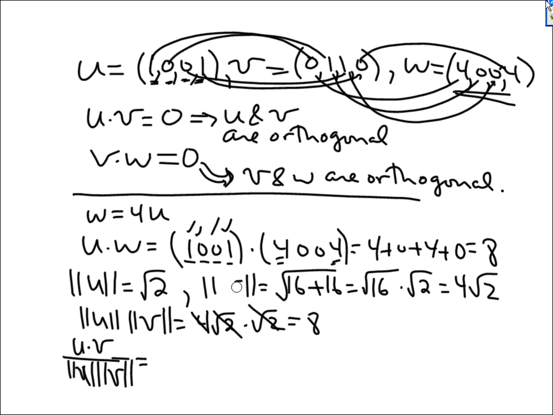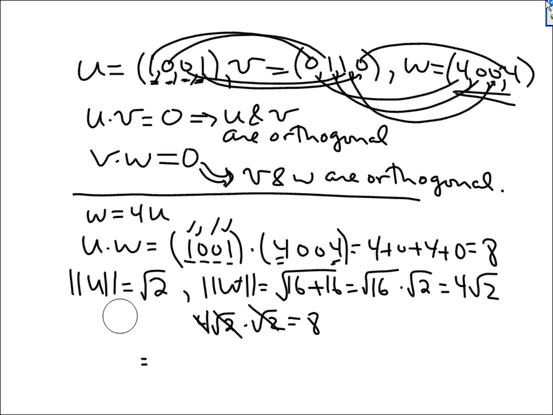The vector was w. u and w, sorry. The length of w is 4 square root of 2. Just a silly typo, folks. The length of u times the length of w is 8.